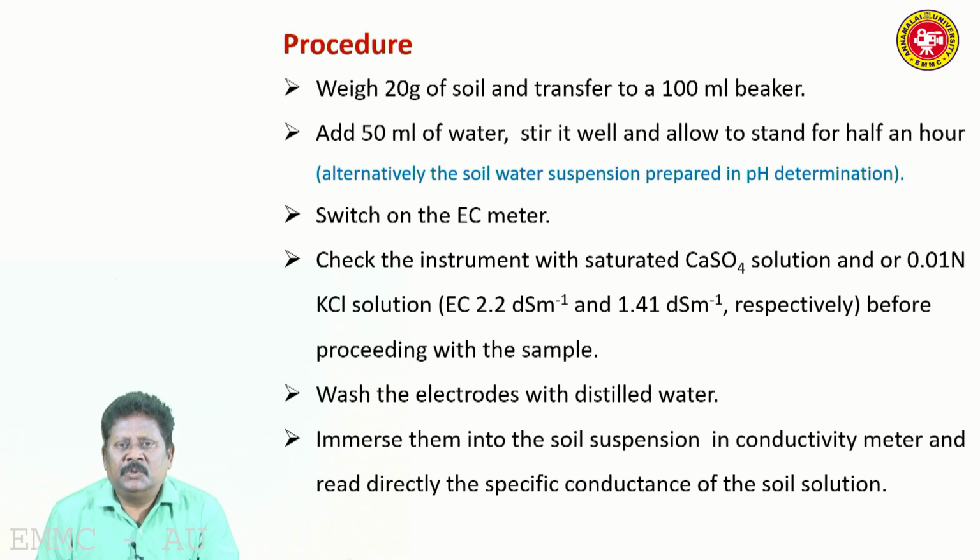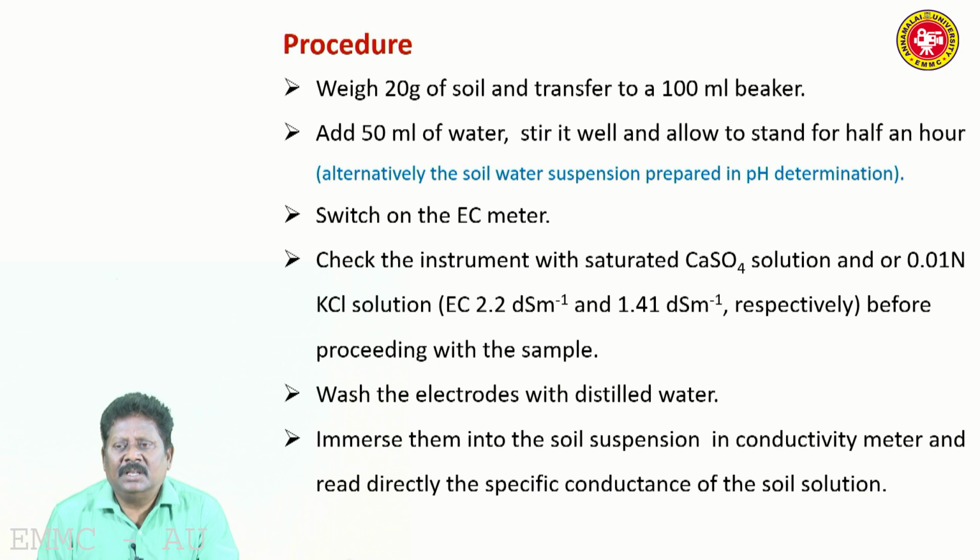Switch on the electrical conductivity meter. Before taking a reading in any instrument, you have to calibrate or standardize the instrument. The electrical conductivity meter should also be standardized. For standardization, use saturated gypsum solution, CaSO4 solution, or 0.01 potassium chloride solution.